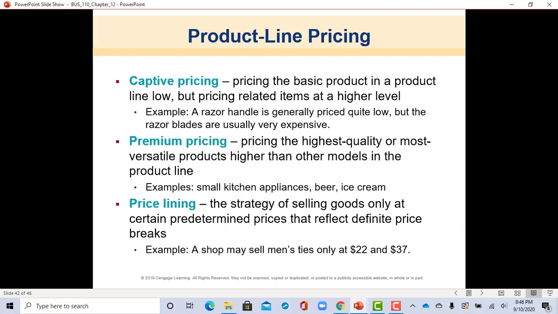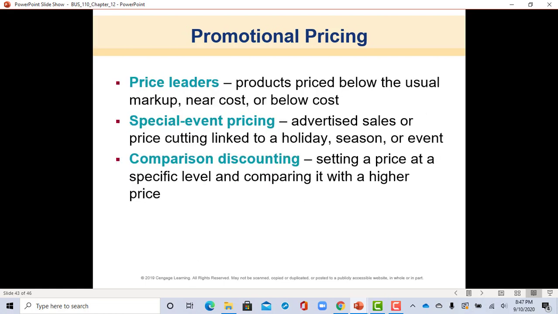Product line pricing means establishing and adjusting the prices of multiple products within a product line. Price is often coordinated with promotions, such as buy one get one free, or something along those lines.